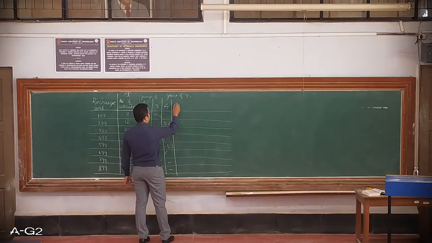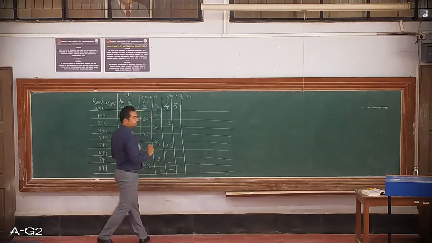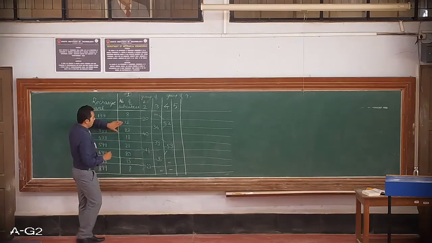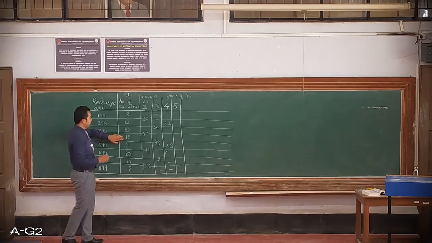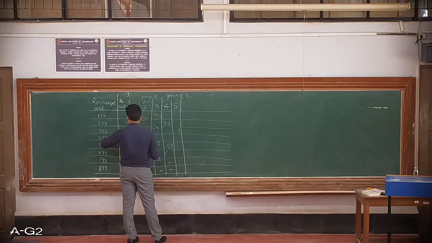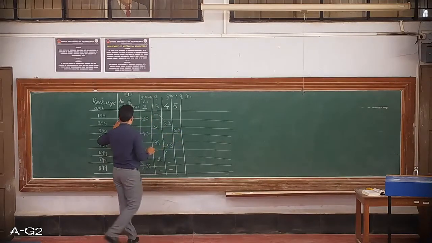So I'll have here column 5. Then leaving the first value, I need to add these 3. So the summation of these 3, that is 12, 22, and 18. So this also gives me 52.